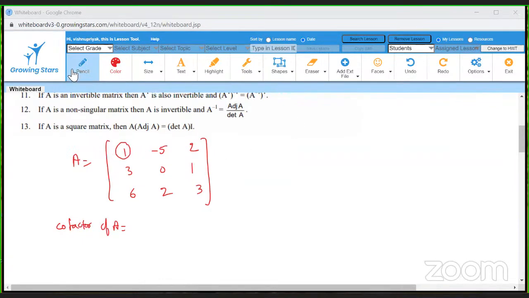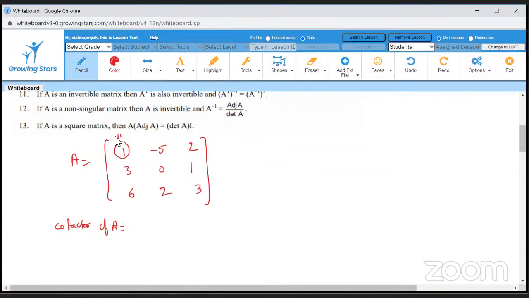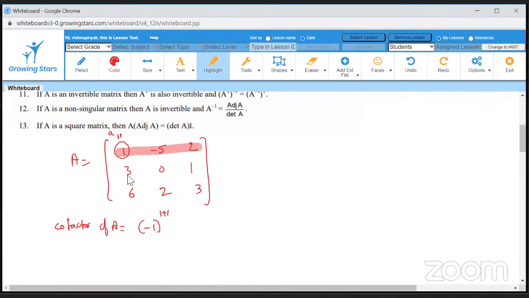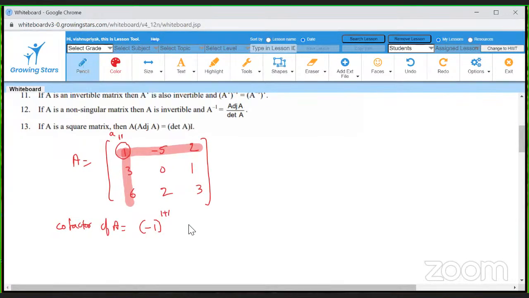Okay, I will tell. This is in first row, first column. So you have to take minus 1 power 1 plus 1. And then leave this 1 row and 1 column. Whatever is left, write it as a matrix: 0, 1, 2, 3.